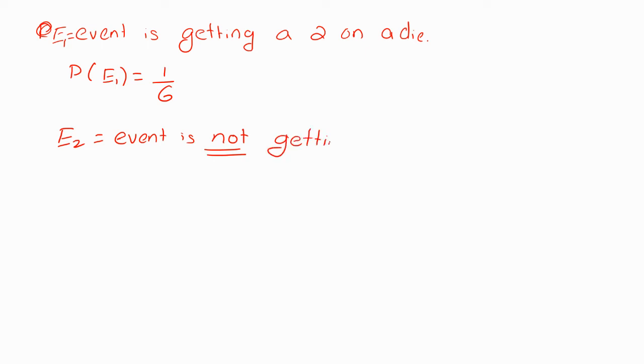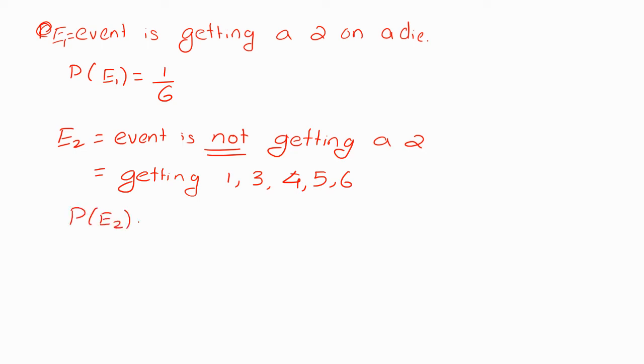Not getting a 2 means getting 1, 3, 4, 5, and 6, right? What will be the probability of this event E2, since there are 5 favorable outcomes? Therefore 5 by 6.